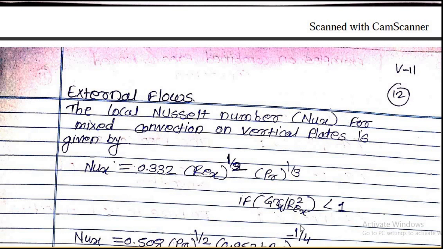We use this relation if the local Grashof number divided by the local Reynolds number squared is less than 1, that is pure forced convection. So if you check this equation for forced convection, we get the same equation for a vertical plate or horizontal plate.